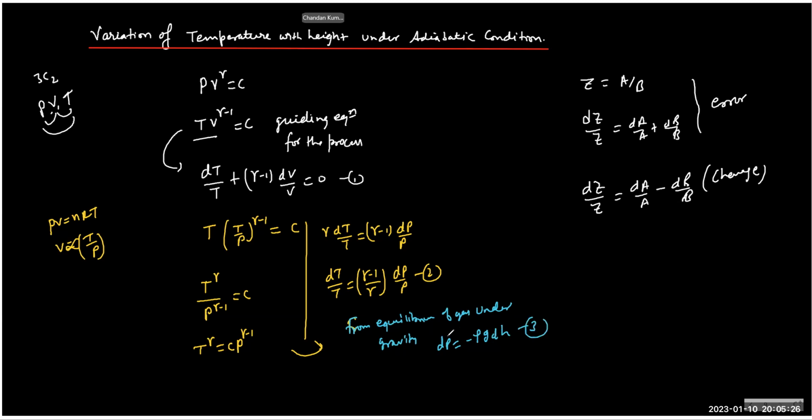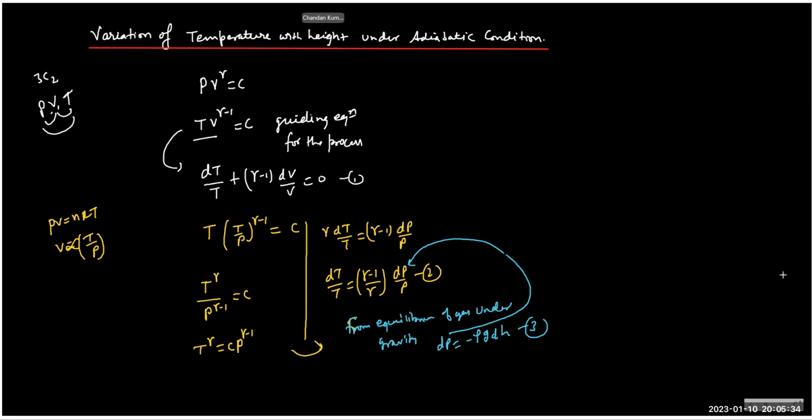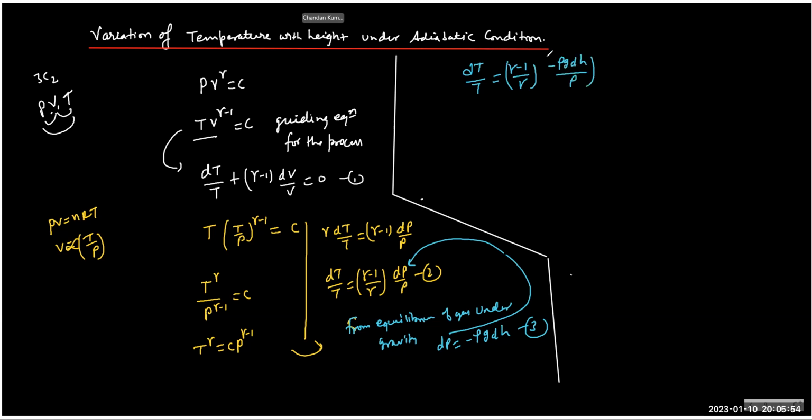We can replace this dP here. So dT by T equals gamma minus 1 by gamma into dP, which is minus rho g dH, by P.